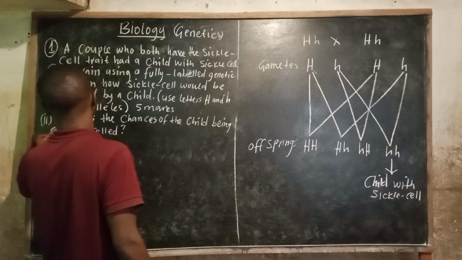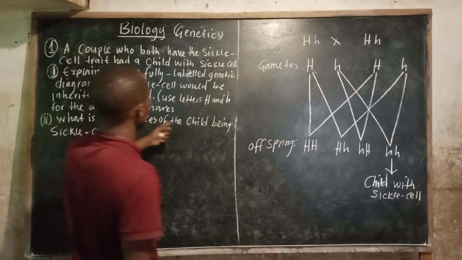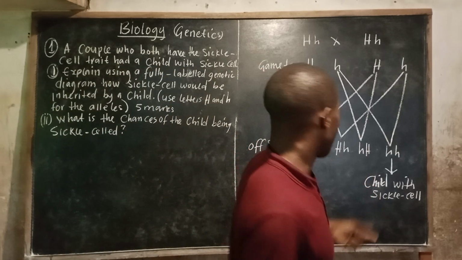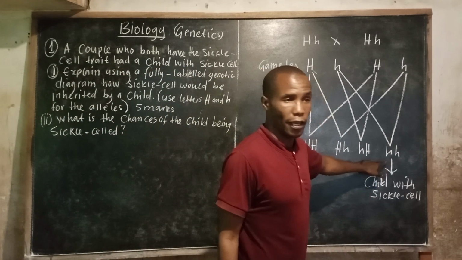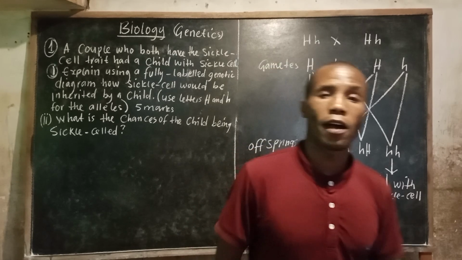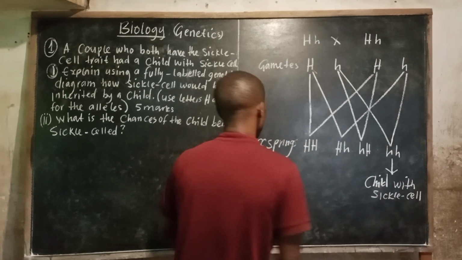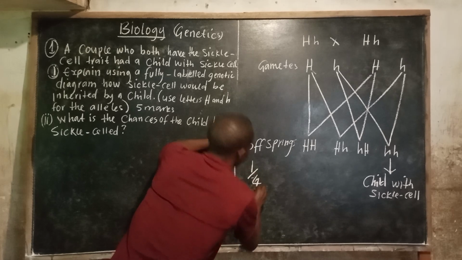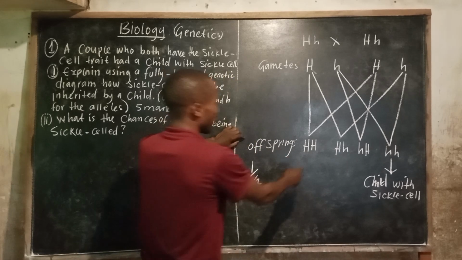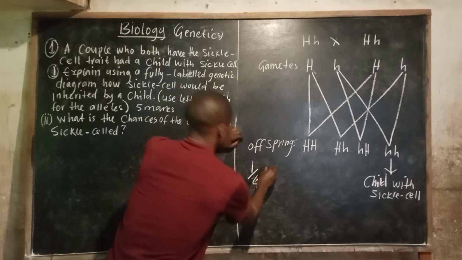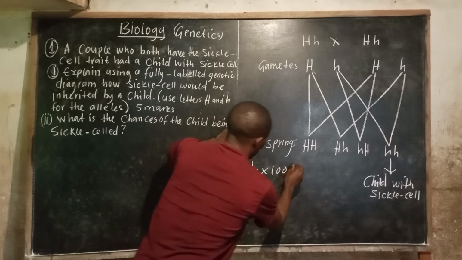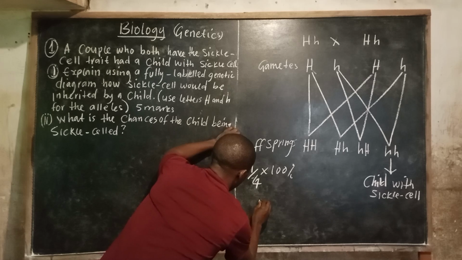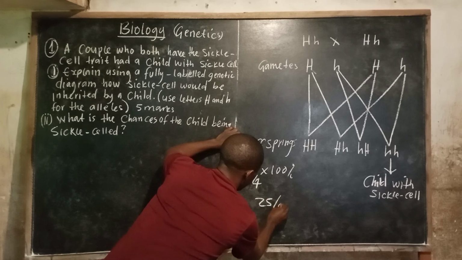Then next question, what is the chances of the child being sickle celled? When you look at the genetic diagram, we only have 1, so that will be 1/4. There are 4 children, 1, 2, 3, 4. So 1/4 times 100%. Remember the chances. When we multiply this, we are going to have 25%.